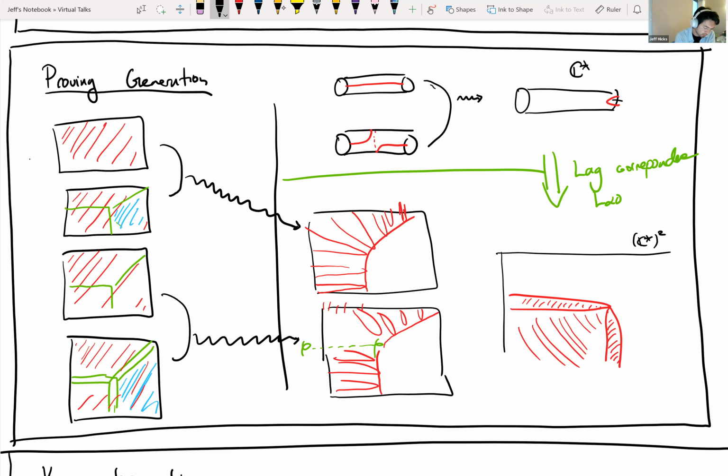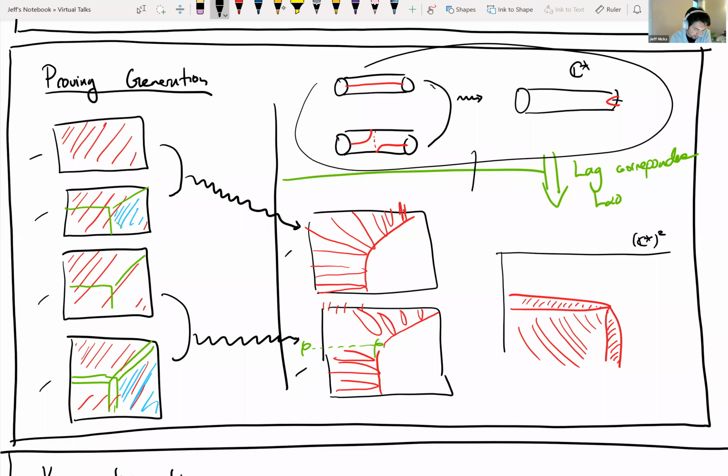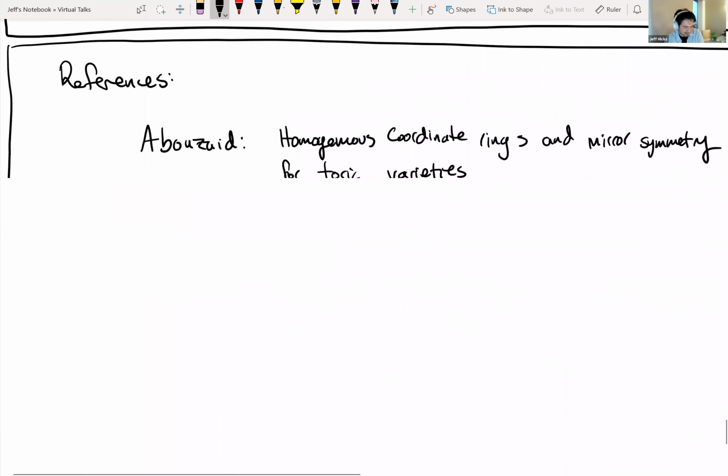For instance, by starting with 4 sections on C star squared, you can surgery them together to build 2 linking disks, which are the push forward of actual linking disks on C star. I feel like this last picture is probably not as helpful as it could be if I had more time, but I will stop there. Thanks.